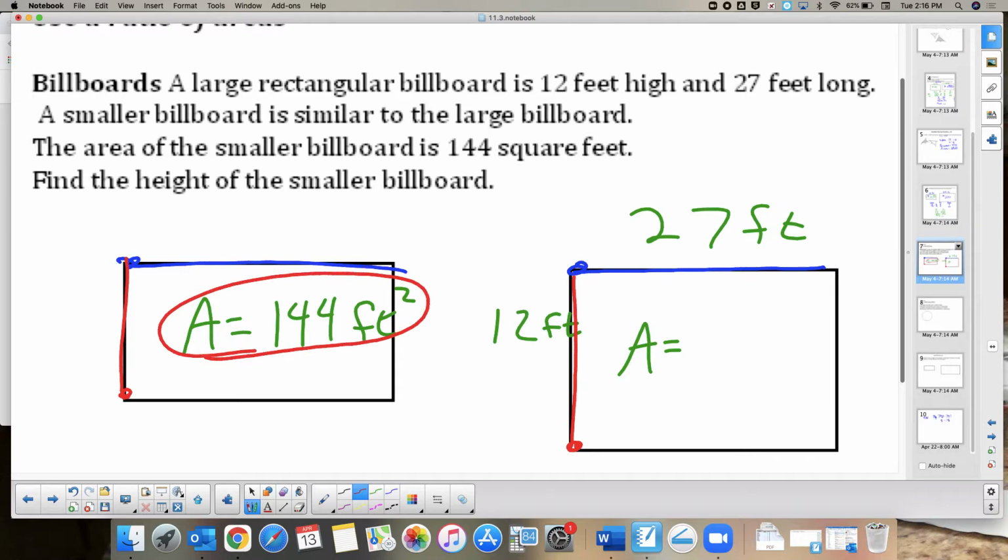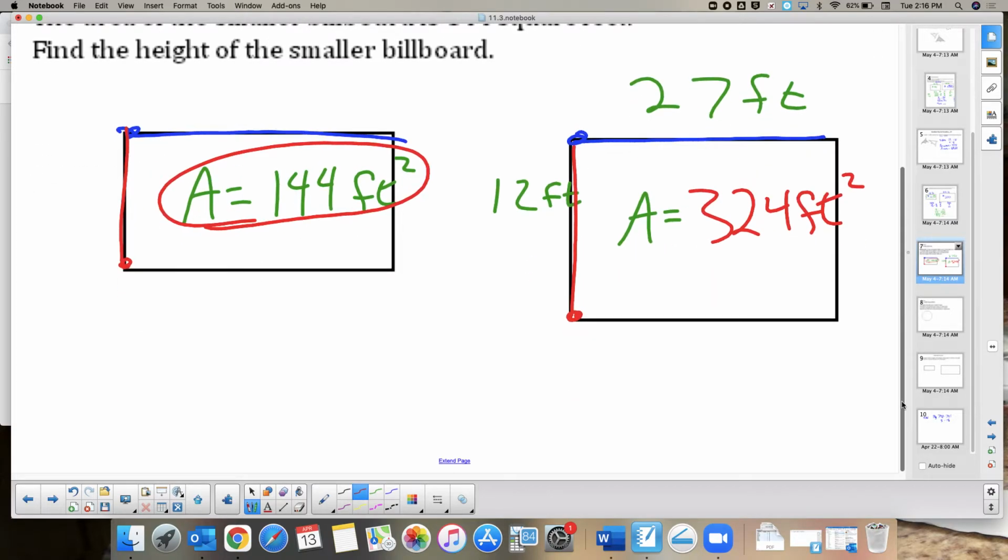So we need to figure out the area of our big billboard. 12 times 27 gives us 324. So the ratio of our areas now is 144 to 324. If I reduce 144 over 324, we get 4 over 9.